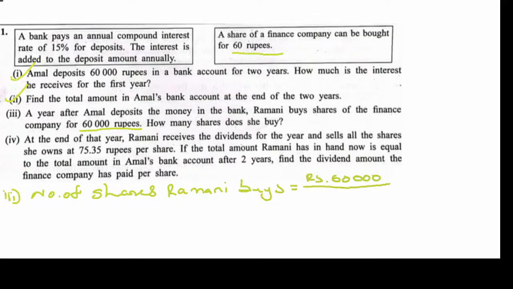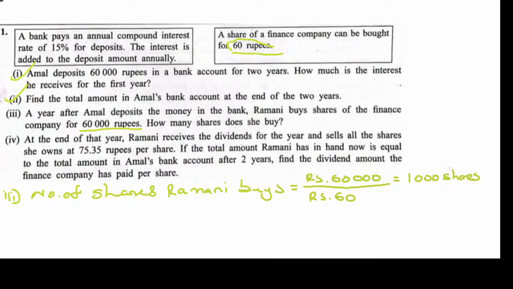The price of one share is 60 rupees. So what is 60,000 divided by 60? It is 1,000. The number of shares Ramani buys is 1,000 shares. She buys 1,000 shares of the finance company.